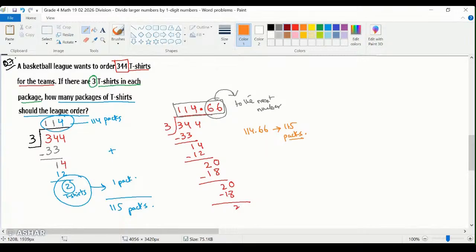Ediboy and Semi, your answer is very different. Your answer is 14. It cannot be 14, right? It has to be 114.66. You cannot take 0.66 bags.